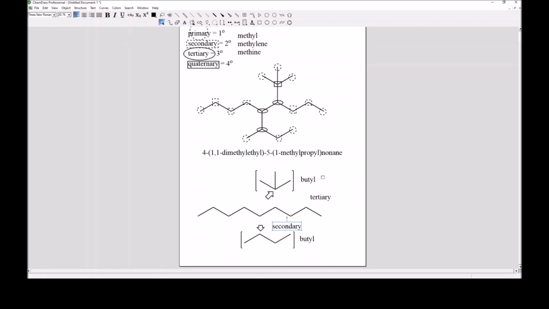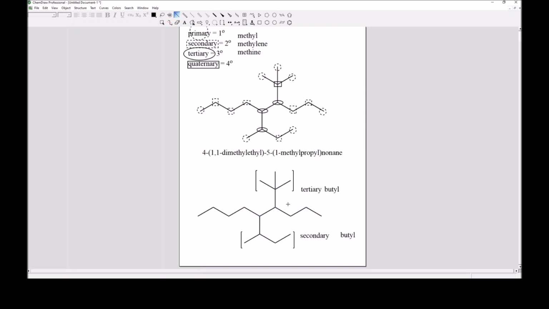And so we're going to refer to this substituent right here as a tertiary butyl group. And we're going to refer to this substituent down here as a secondary butyl group. And this is really quite confusing because when we name them as butyl groups, they're still connected to the parent chain.